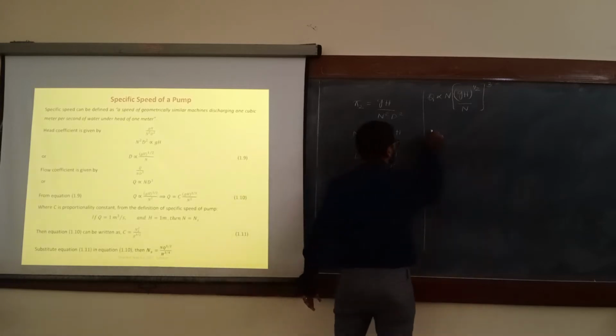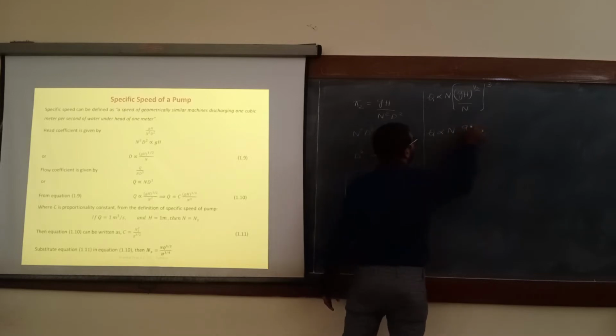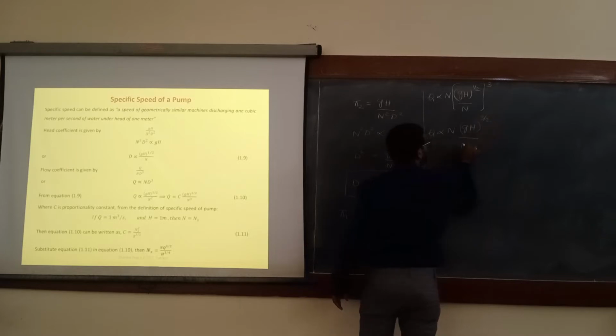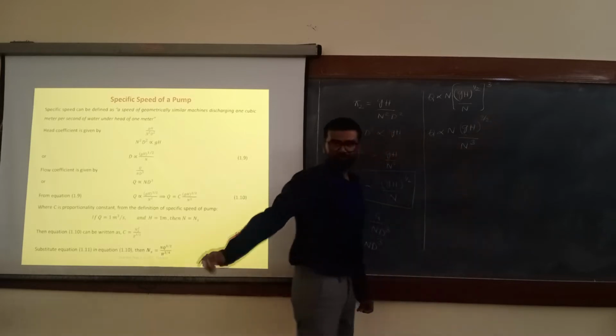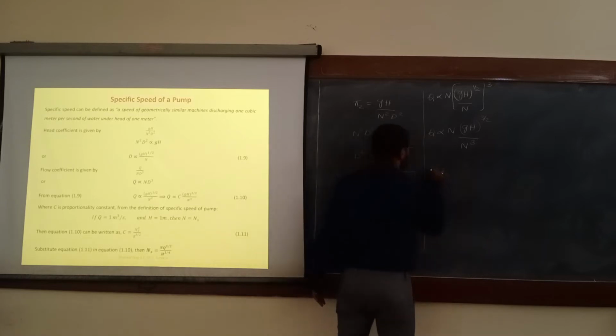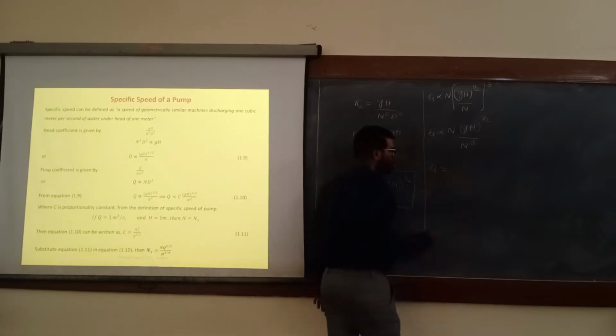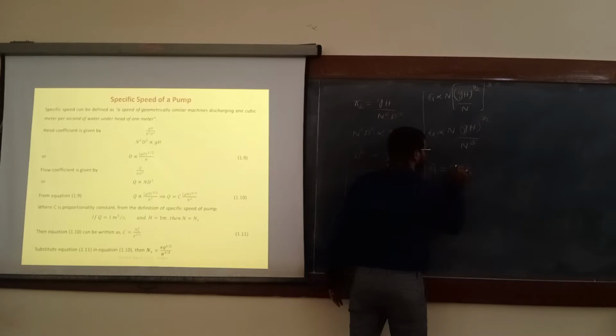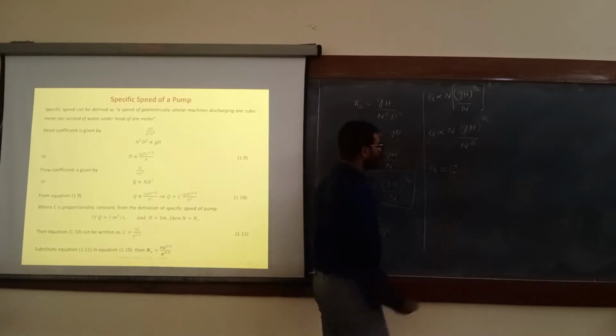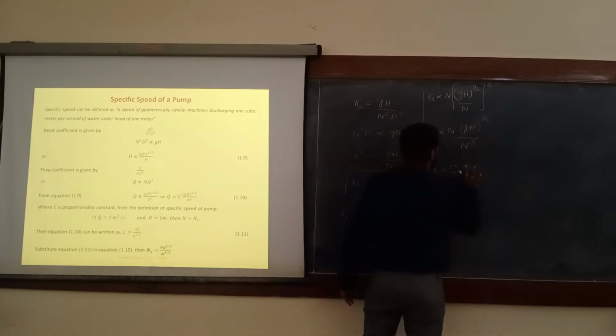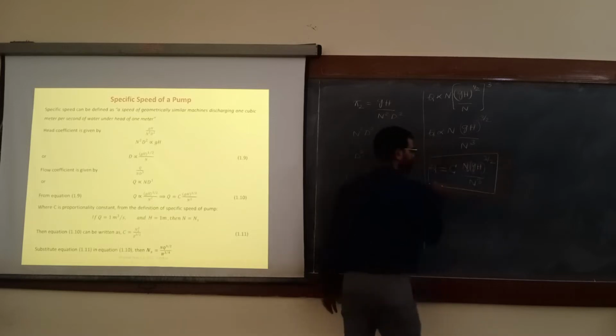So then Q is directly proportional to N (GH) to the power of 3 by 2 divided by N cubed. Is it right? Or you can say Q is equal to, introducing a proportionality constant C, C times N (GH) to the power of 3 by 2 divided by N cubed.